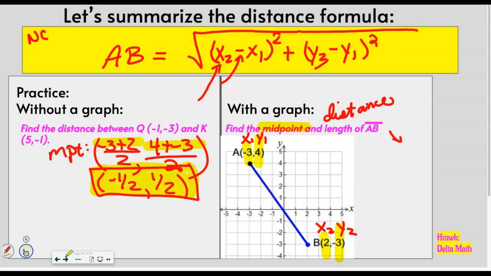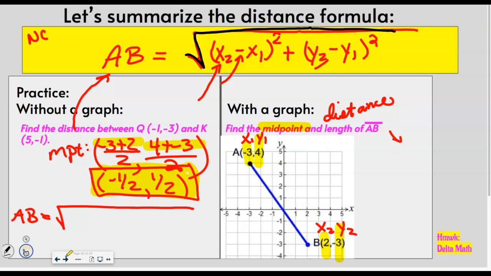The distance formula, I follow this like a map. So the length of AB, which is written AB without a bar over it, is the square root of. Because there's a square root right here. Okay, so everything under a root. It says I take the second x, so I'm going to go over here and grab the second x, which is 2.